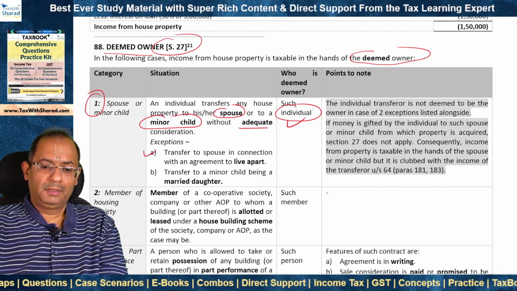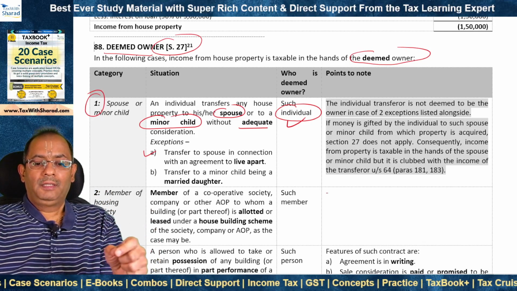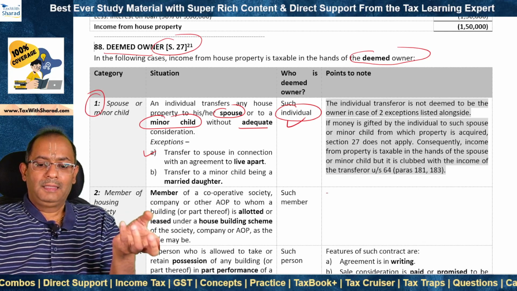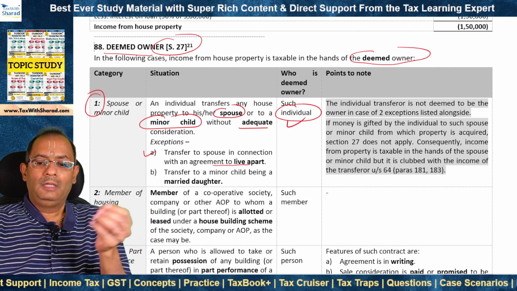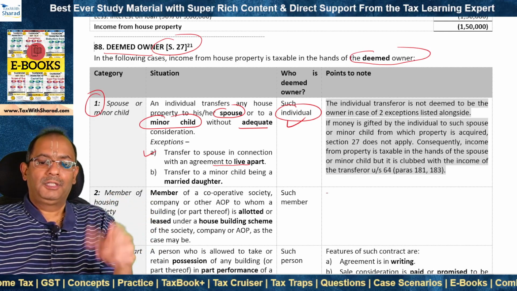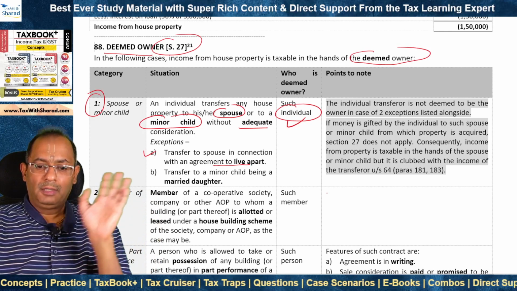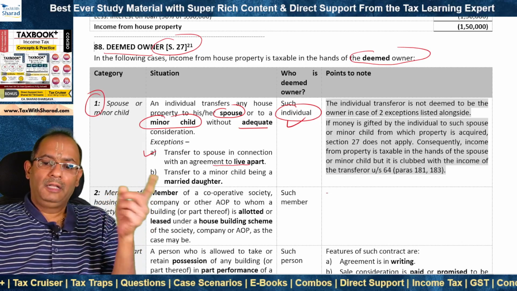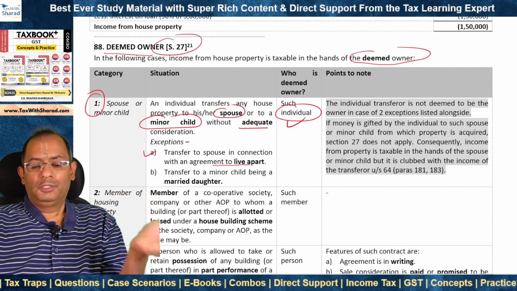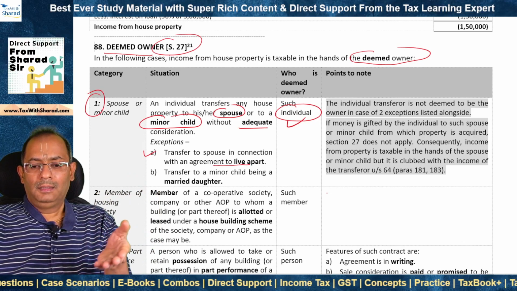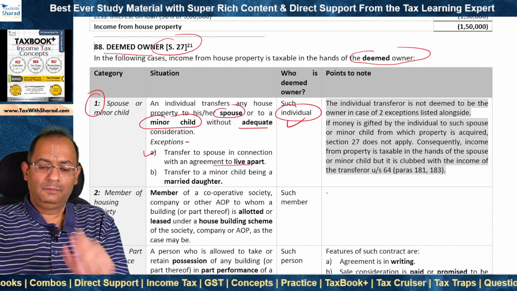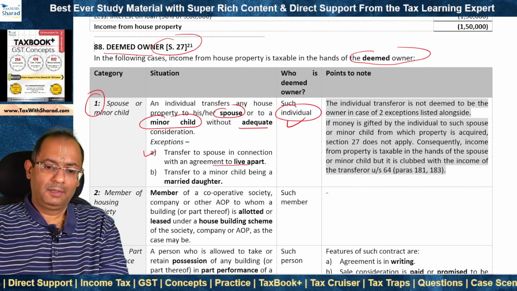There are two exceptions. The first exception is where the individual has an agreement with the spouse to live apart, and in that connection he transfers the house property without adequate consideration. In such case, he is not deemed owner, right? So the spouse is the owner, and accordingly income from house property is taxable in the hands of the spouse, not the individual transferor.